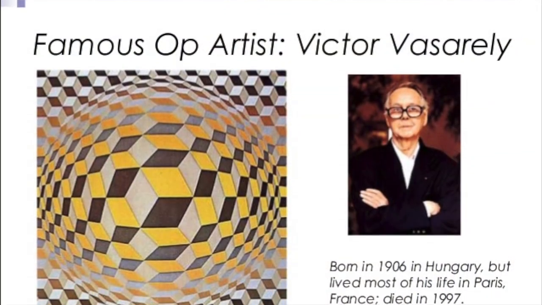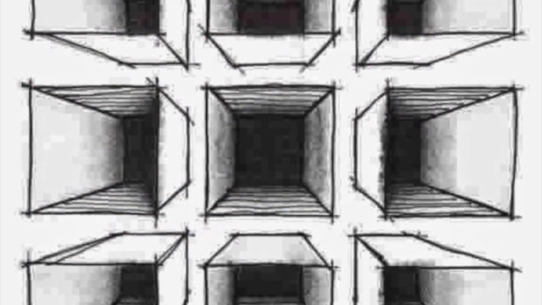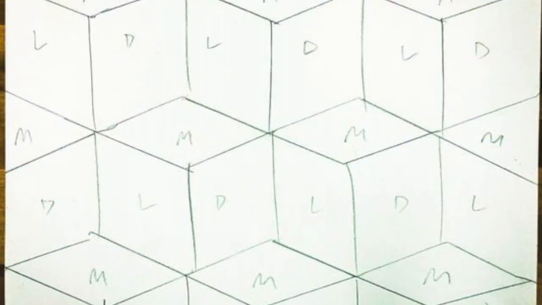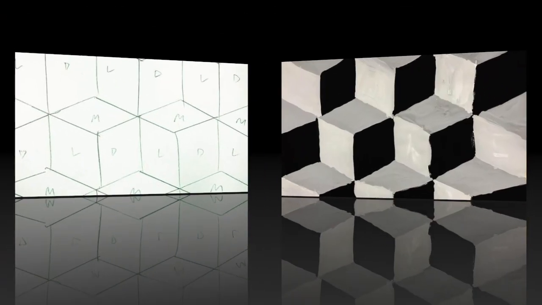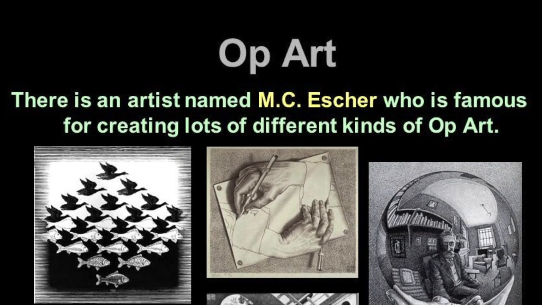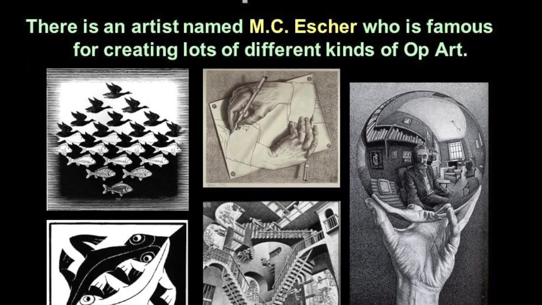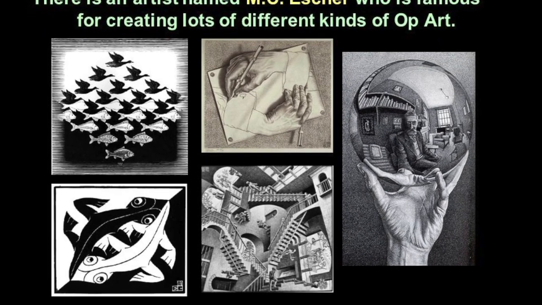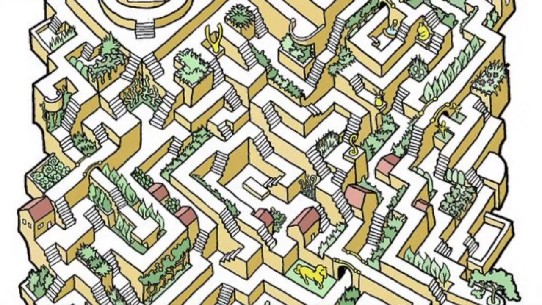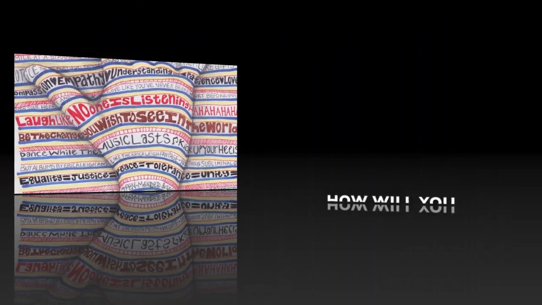Some of the people that we're seeing today are Victor Vasarely, Bridget Riley, MC Escher, and so many more. There is no doubt that this style of art is mesmerizing.